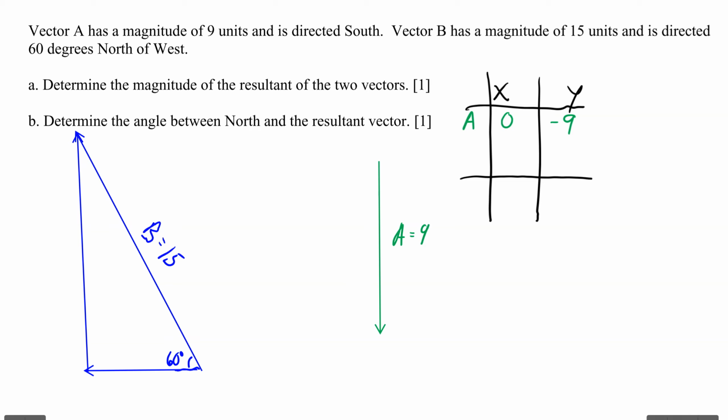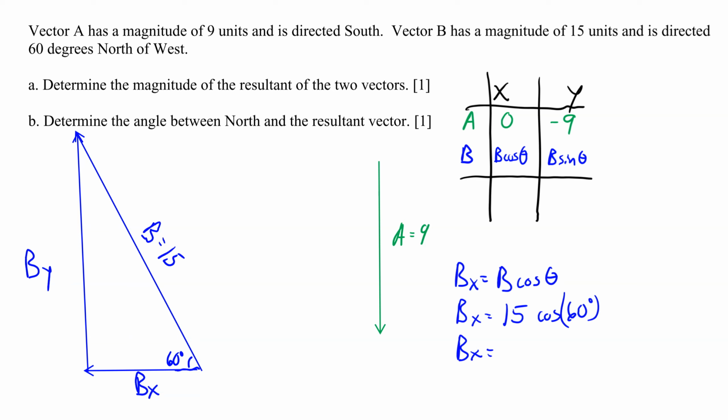Then for B, we need to do some more work. I can tell right away, Bx is going to be equal to B cosine theta, and By is going to be equal to B sine theta, because this is adjacent, so we can use the shortcut, and this is opposite.